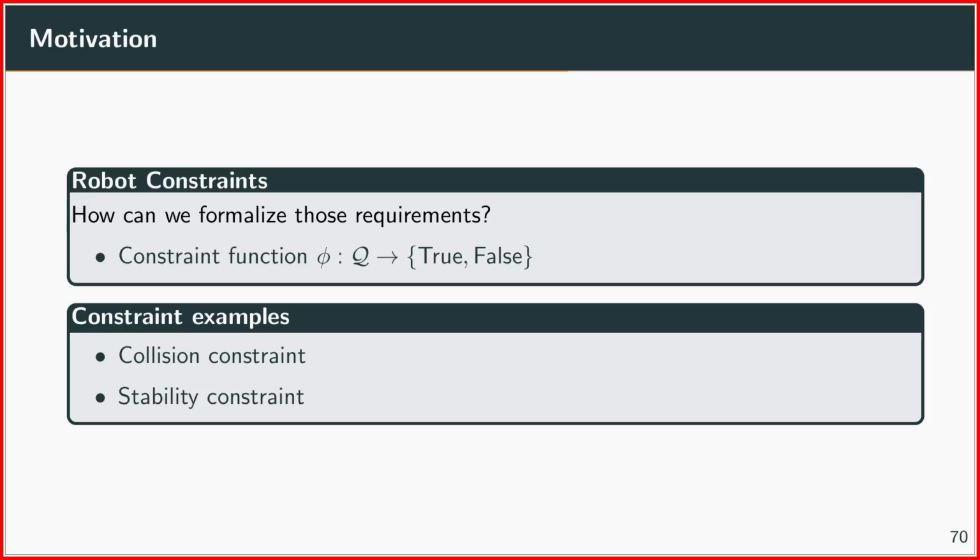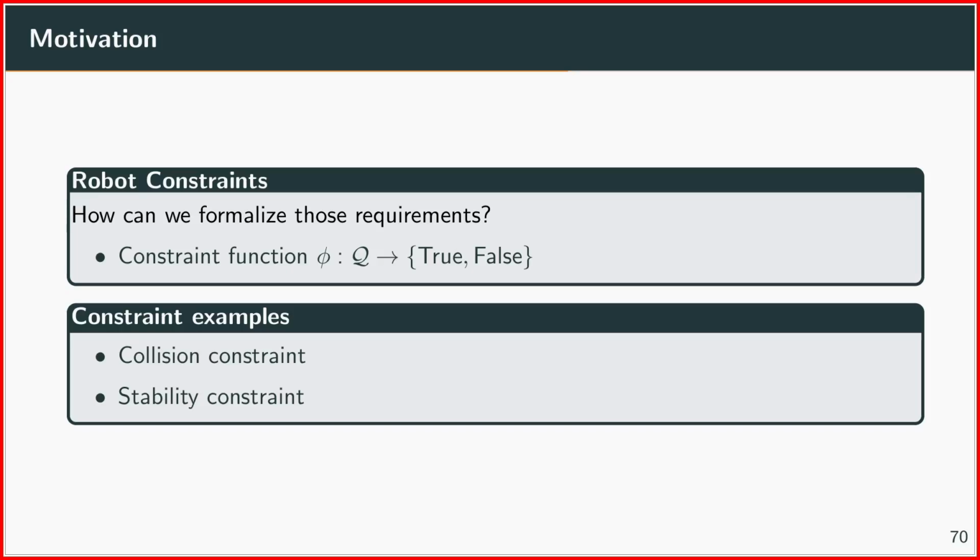And all of those scenarios and all of those constraints which I just talked about, they can be formalized by just having a constraint function. And so the constraint function in a very naive way can be constructed as just a mapping from your configuration space to true and false, which basically tells you for each configuration in your configuration space, is this configuration actually violating a constraint or is it not violating a constraint?